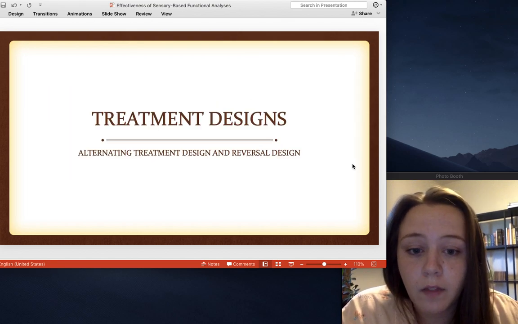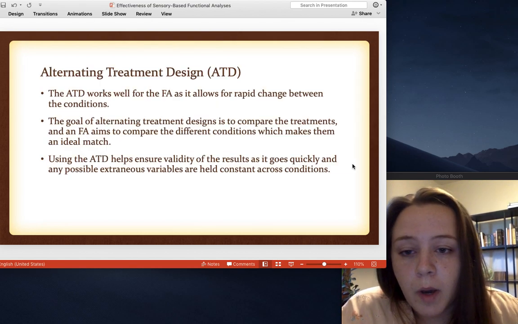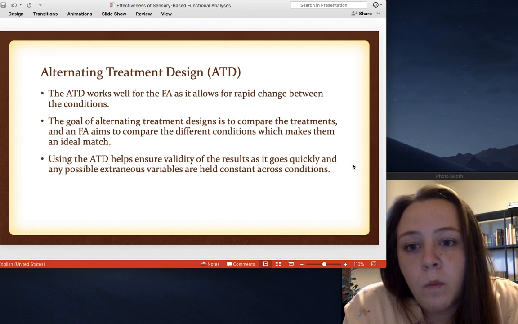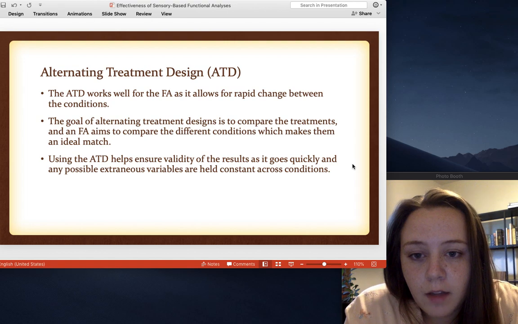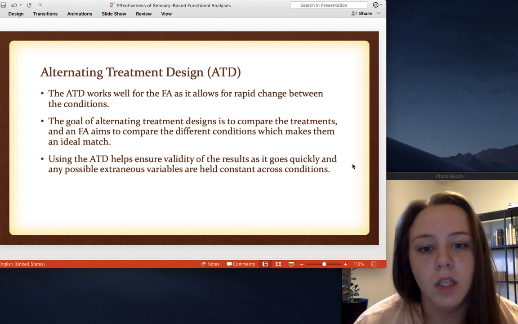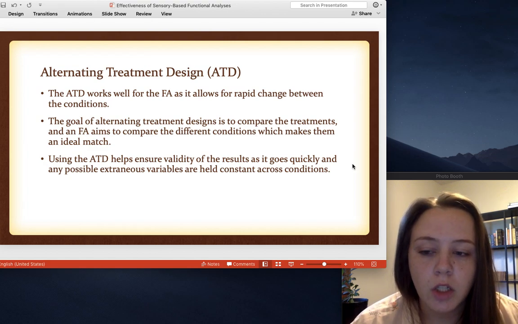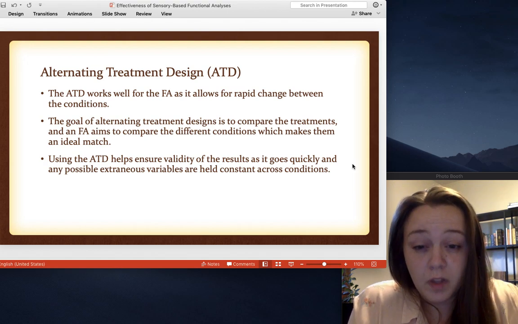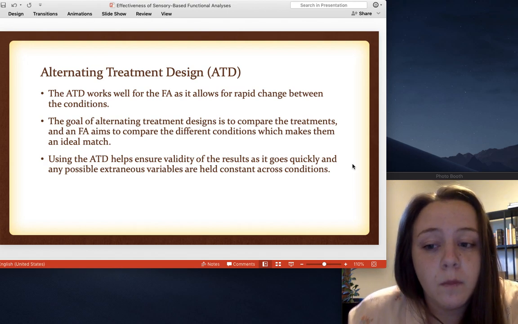So looking at the treatment designs and why we want to be using these, the alternating treatment design works really well for the FA. It's kind of a standard as we see rapid change between the conditions. It's nice because doing those rapid changes, kind of the last bullet point there, will help to ensure the validity of the study and the results.